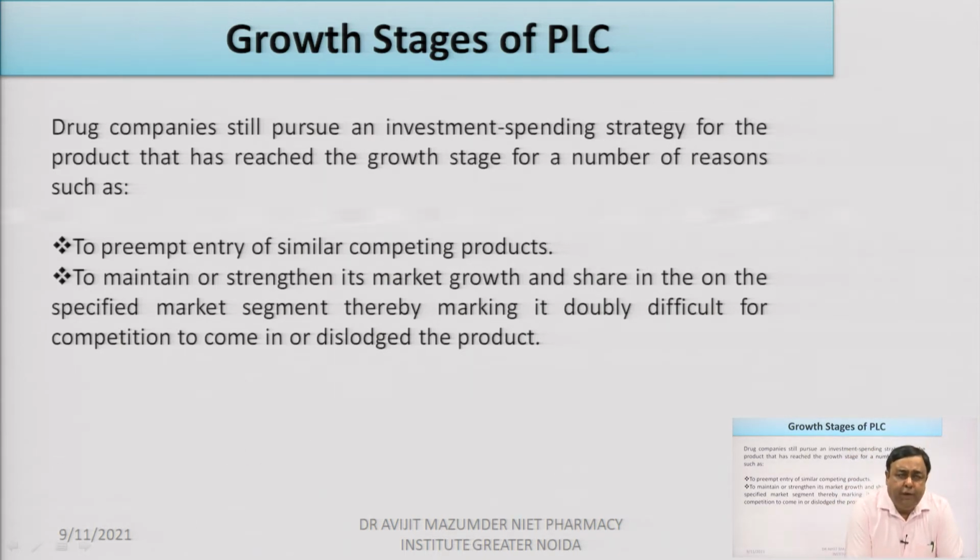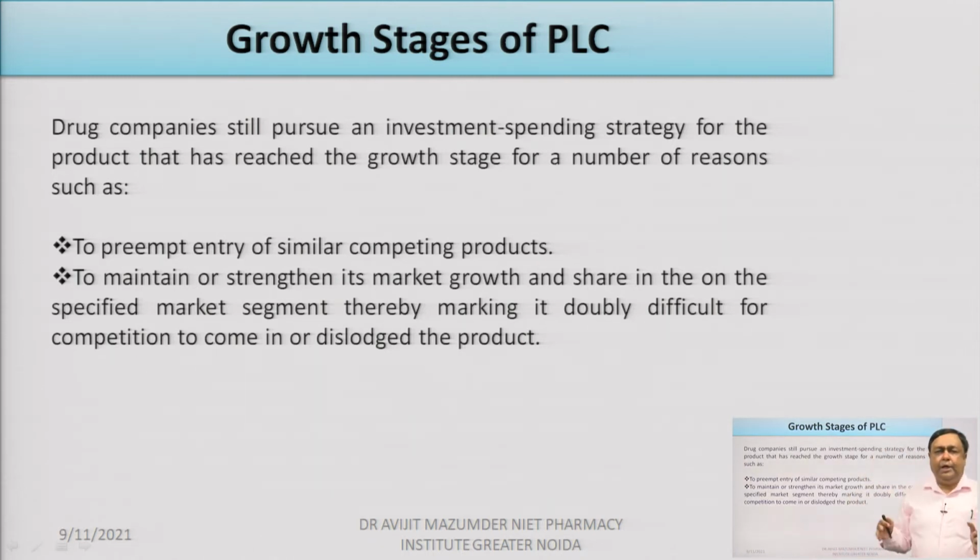They have to do it to prevent the entry of similar competing products, to maintain or strengthen its market growth and share in one specified market segment, thereby making it very difficult for the competition to come in and dislodge the product.